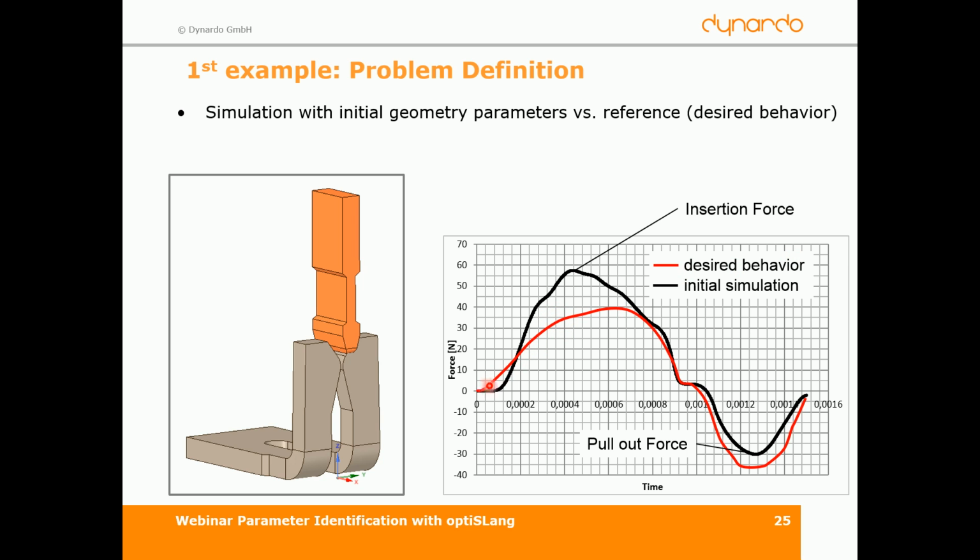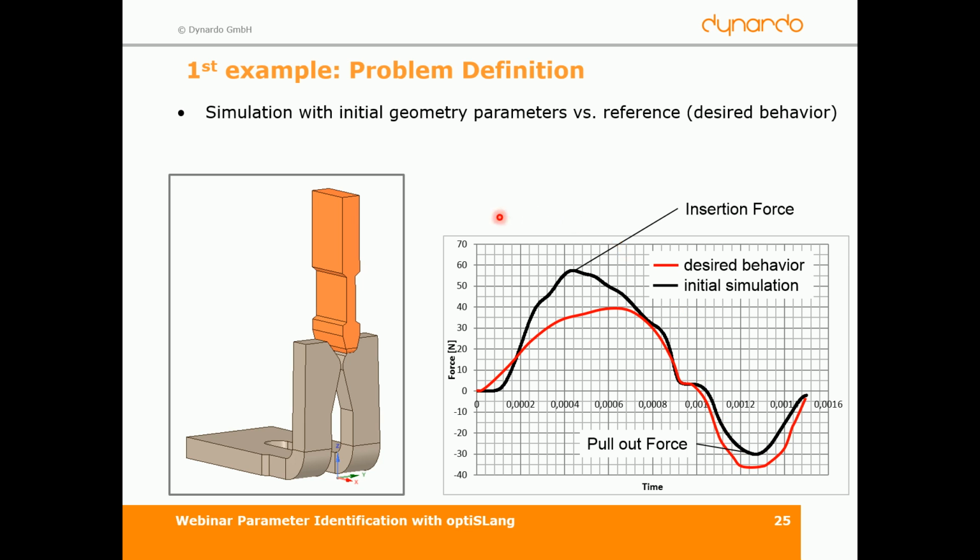That means maybe you want a smaller gradient for the insertion. Maybe you want a smaller maximum insertion force, but for the pull-out force you want a maximum of pull-out force, and also maybe a higher gradient for this pull-out force.